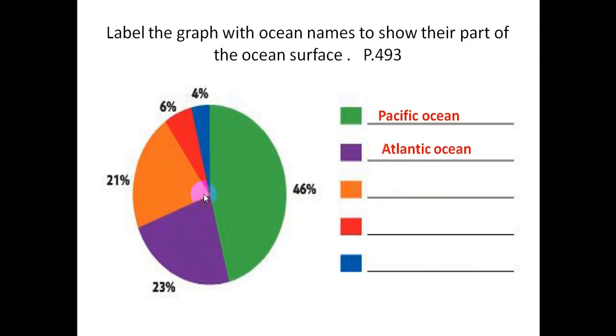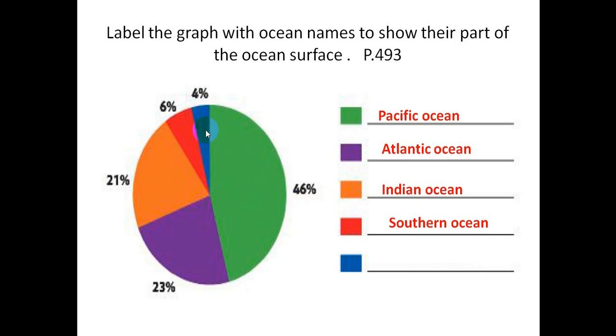The next one, 21%, the orange color, and this will go for which ocean, number 3? Yes, the Indian Ocean. Then the red part from the circle graph, 6%, Southern Ocean on the South Pole.